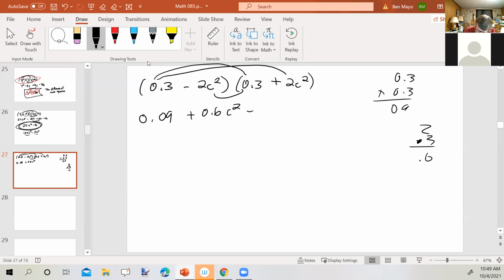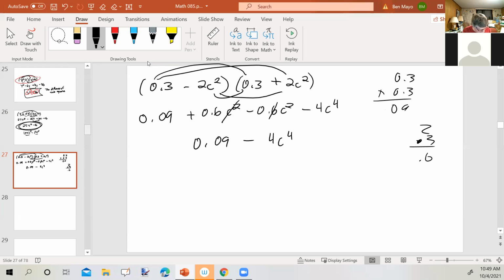And then minus 0.6c squared, and then minus 4c to the fourth. The two middle terms cancel out. 0.09 minus 4c to the fourth. Questions there?